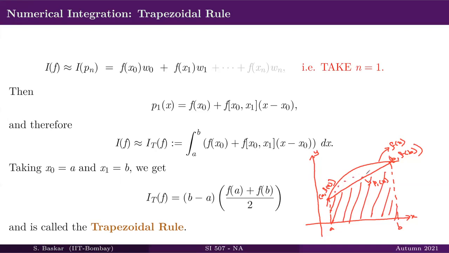Thereby, we have the mathematical error in the trapezoidal rule, which is precisely the area between the line p1 of x and the graph of f of x, right?